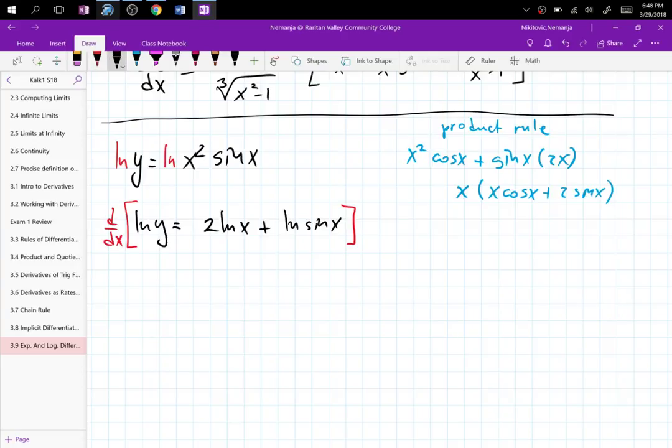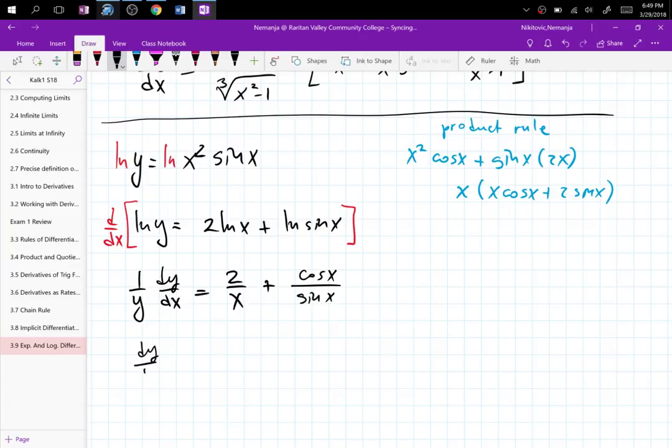But now we're learning, so 1 over y dy dx as a chain is equal to 2 over x. The derivative of ln x is 1 over x, and then times 2. Plus sine goes in the denominator and the cosine goes on top, so that's the cotangent right there. So what do I have?